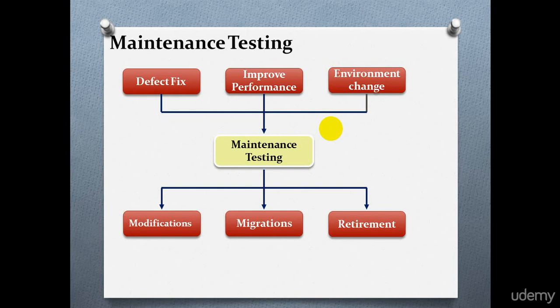In this maintenance testing, as a tester, we have to make sure that these modifications do not affect the system. For example, for an existing software, we have migrated to a new database. Once the current application is migrated to a new database, as a tester, you have to make sure that your existing application is not affected because of that change.